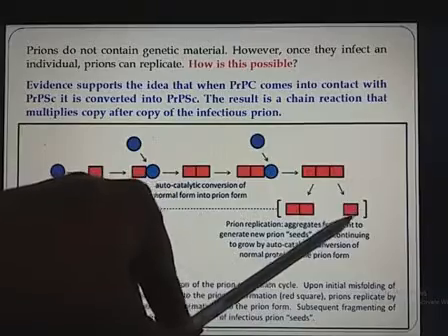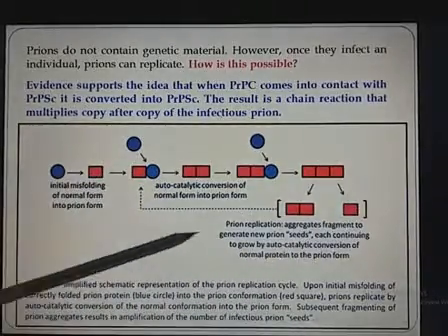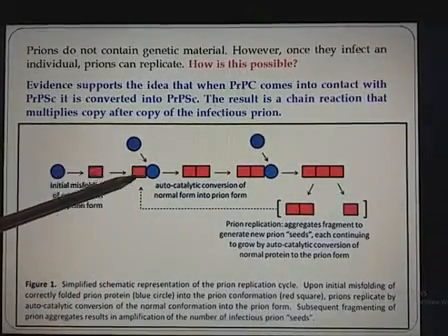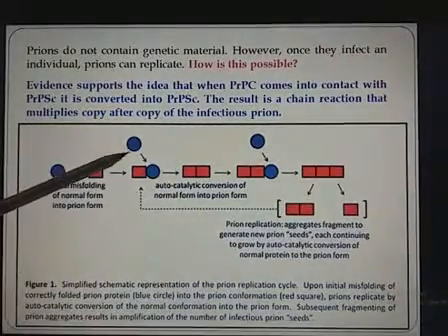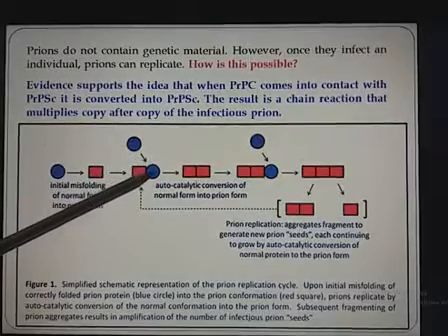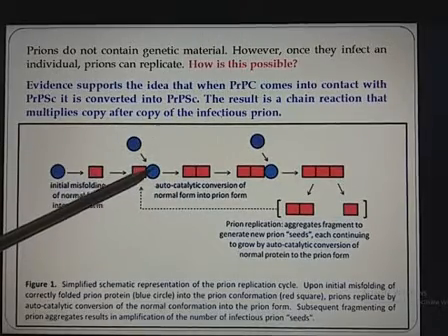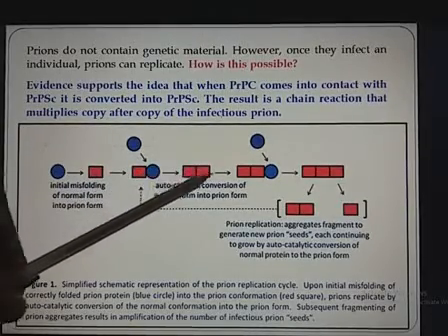It is a seed, so it again functions like this, and that particular seed again comes in contact with a normal prion protein or PrP-sensitive protein, and again the cycle begins like this.